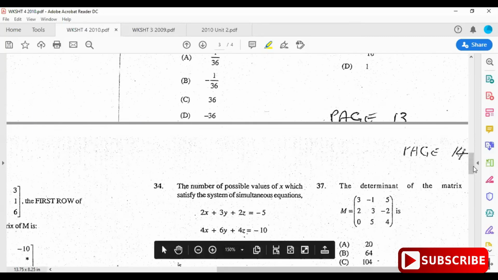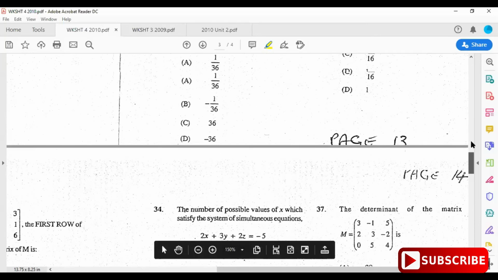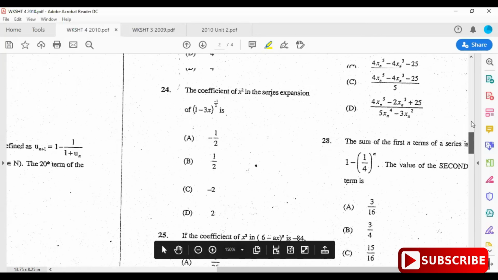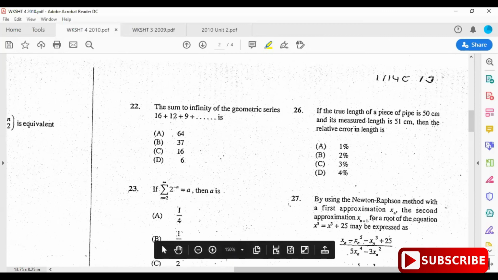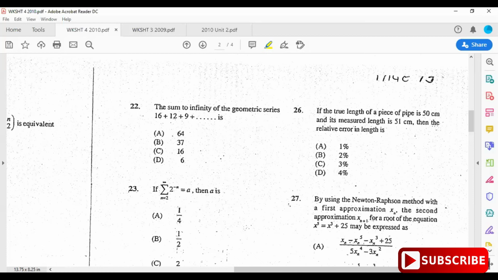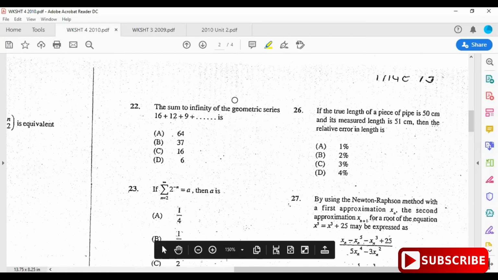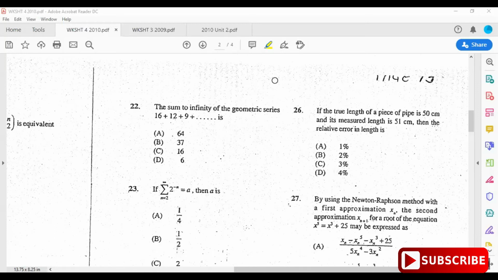Okay, question 22. Very easy question. This is a CSEC question. They're asking for the sum to infinity of a geometric series. The sum to infinity is a over 1 minus r.